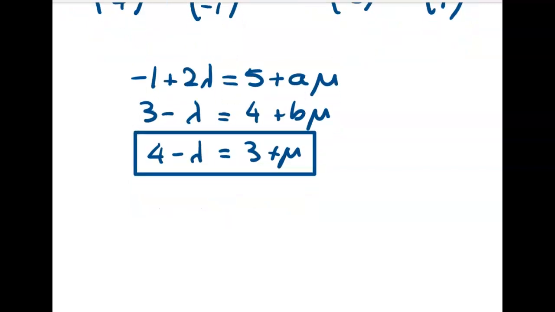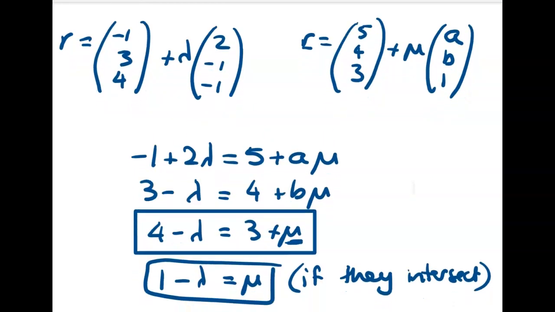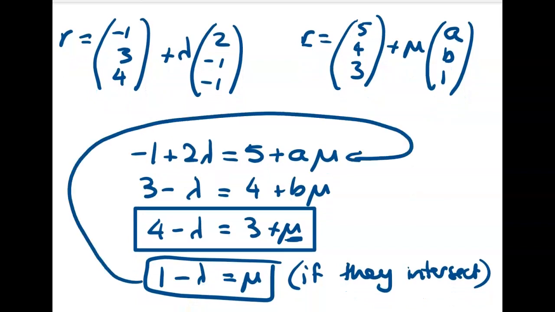I've got mu here, so I'm going to make mu the subject, and I'll get 1 minus lambda is equal to mu, if they intersect. What I can do now is take this back to these equations here and replace mu with 1 minus lambda.